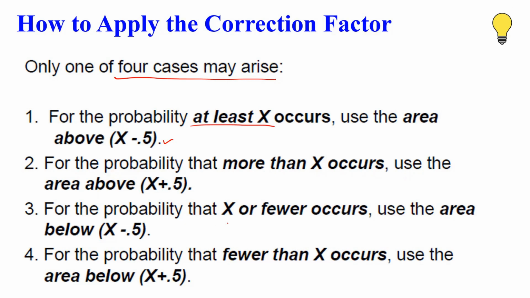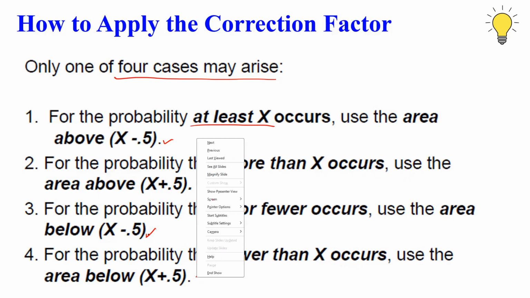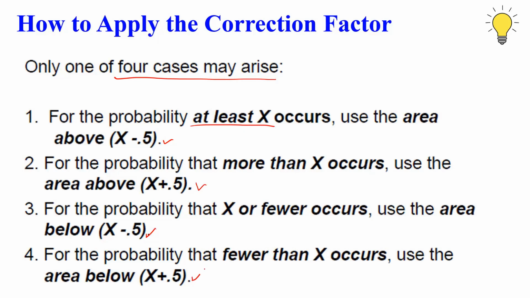Third, for the probability that X or fewer occur, use the area below X plus 0.5. And the last one is for the probability that fewer than X occur, use the area below X minus 0.5. So these are the 4 conditions where we usually use the correction factors.